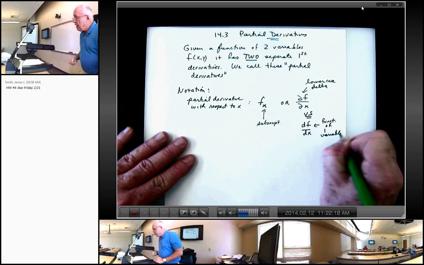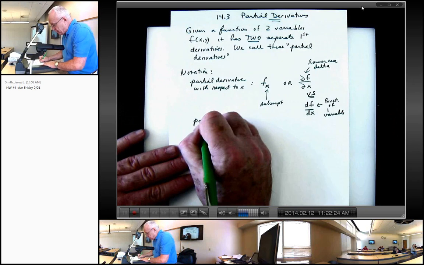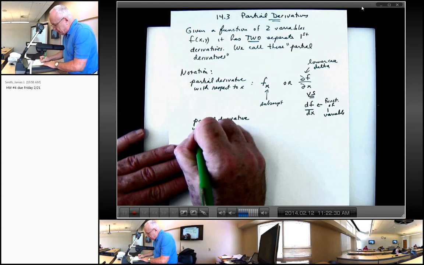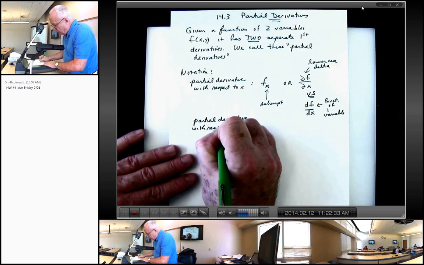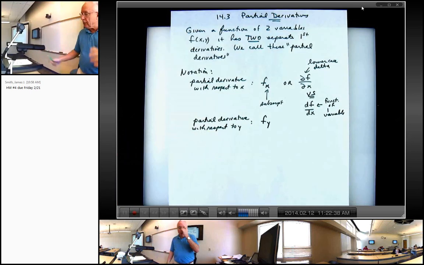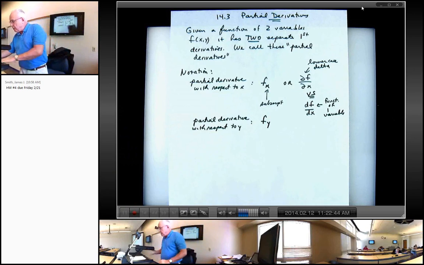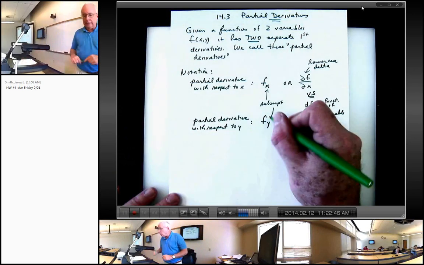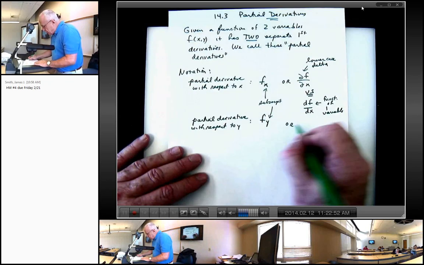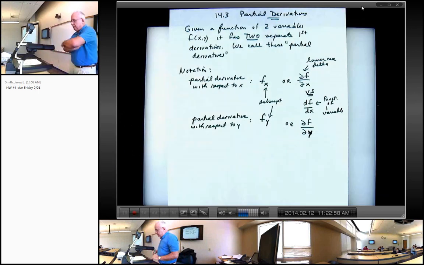And then similarly we have the partial derivative with respect to y. One way of notating it, and I'm going to more frequently use this notation because it's just so easy to use, is with a y as a subscript, and then the other way is again with that delta notation, delta f delta y, like this. So two different ways.